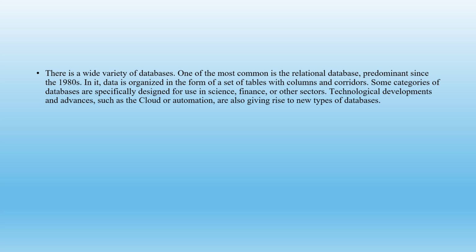It's where they take data and put it into tables and columns, kind of like Excel. Some of these varieties of databases are specifically designed for use in science, finance, and other sectors. But with the advent of things like cloud storage, there's going to be a rise of new and different databases.